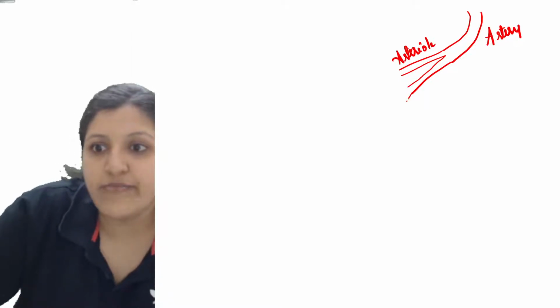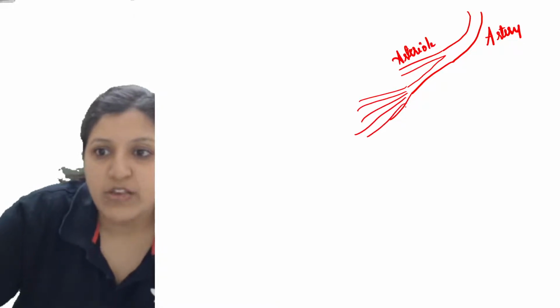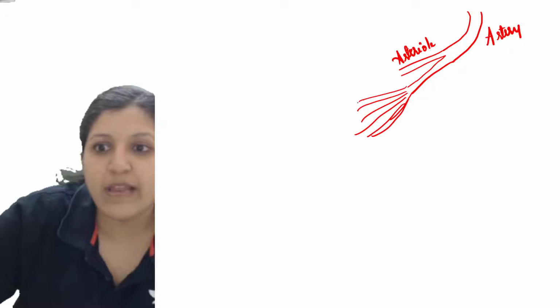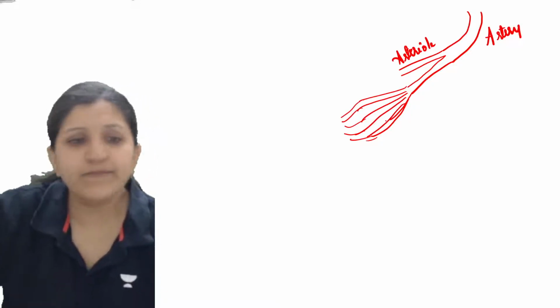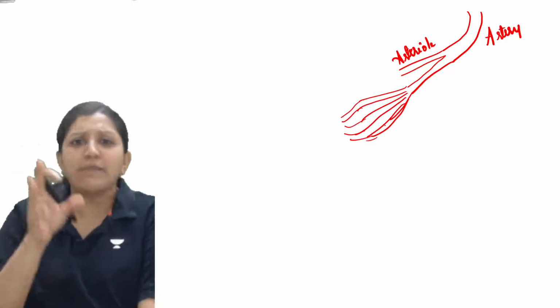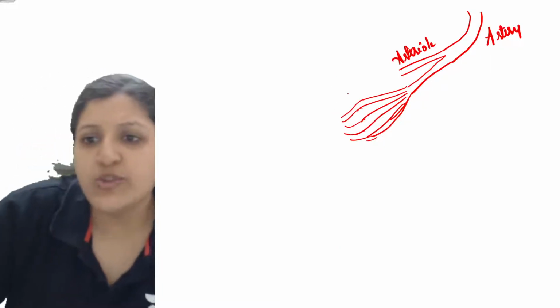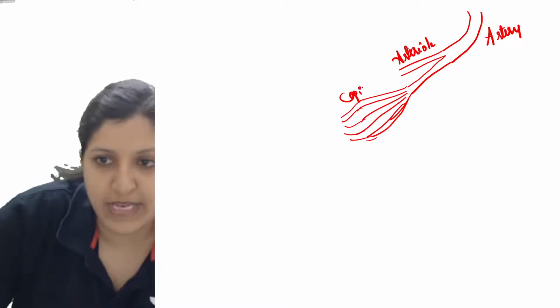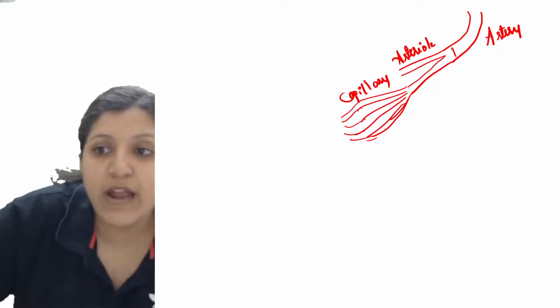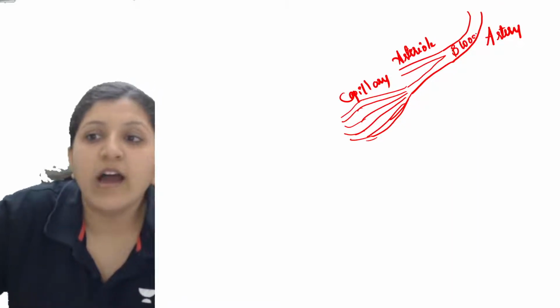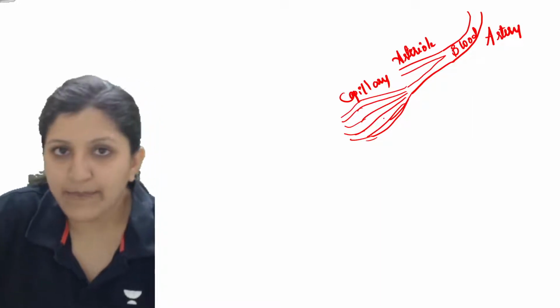This is dividing further and there is a formation of capillary, which has a very narrow diameter. It is a narrow tube, so we can label this as the capillary. Now what exactly flows through this? It is the blood flowing through the artery, the arteriole and the capillaries.